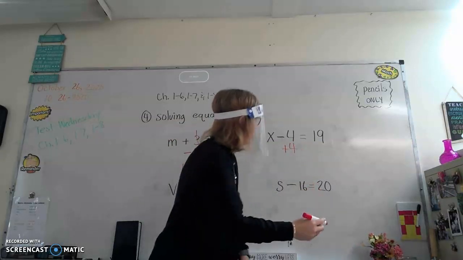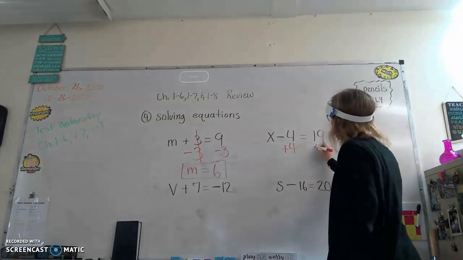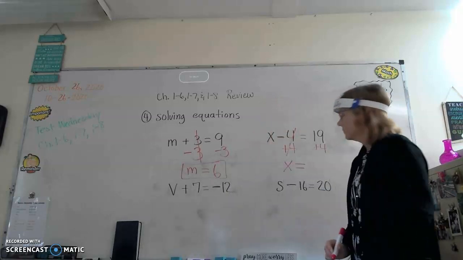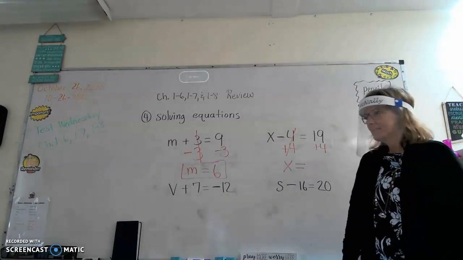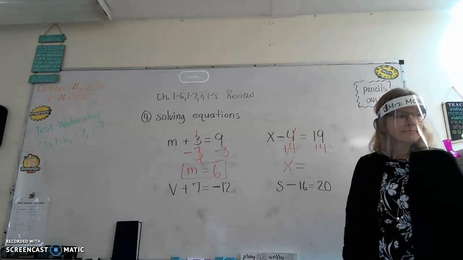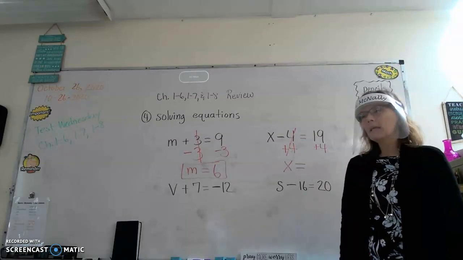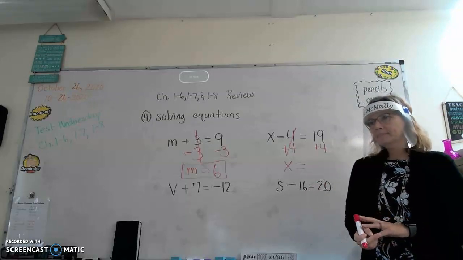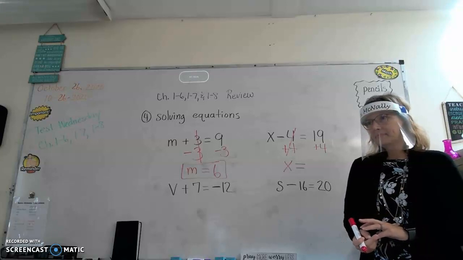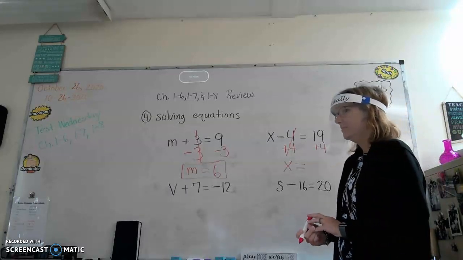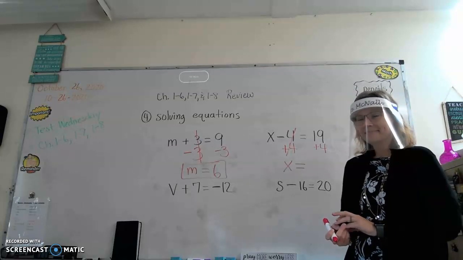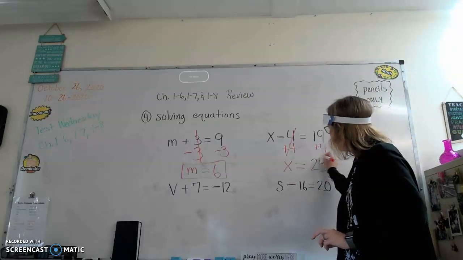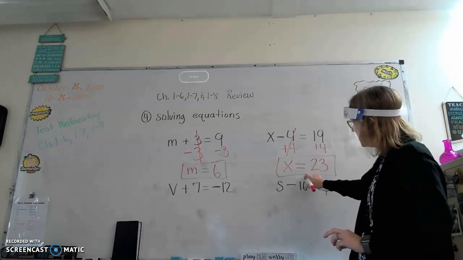And whatever I do to one side, I do to the other. 19 plus 4 is? 23. There you go. Good. Awesome. I love how you said x equals 23.